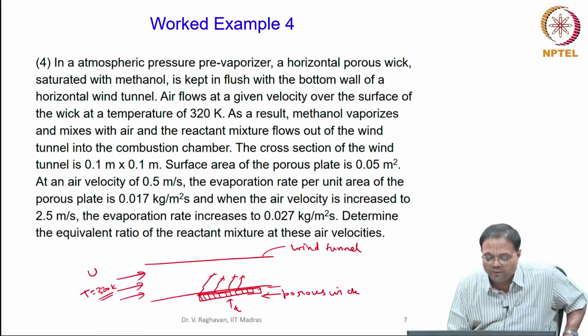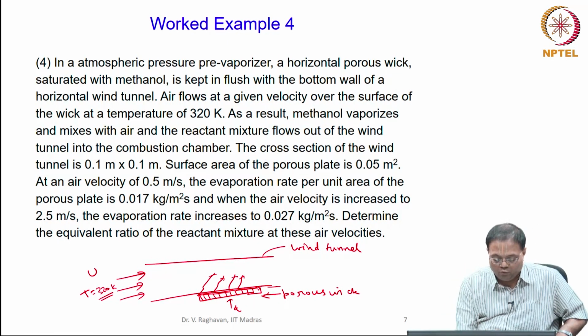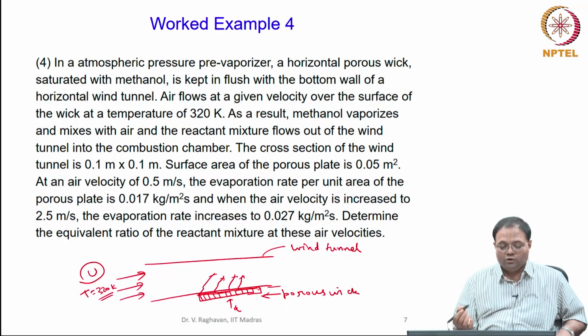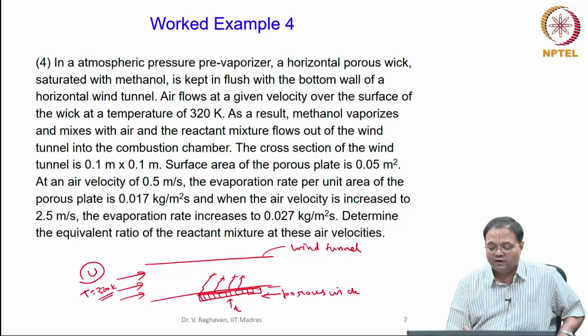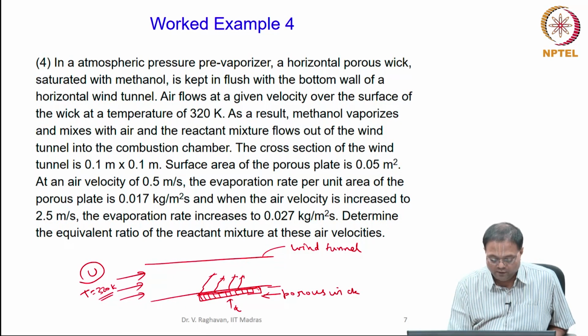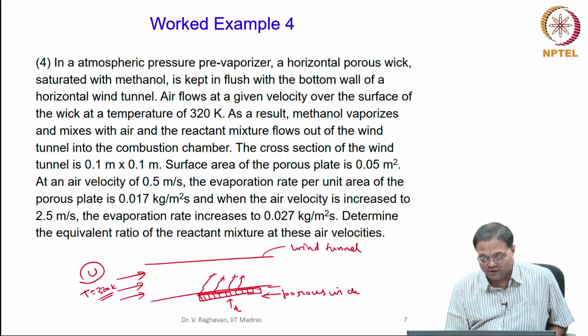So it is a steady evaporation problem, where when you vary the velocity U, you will get more evaporation. Air flows at a given velocity over the surface of the wick at a temperature of 320 Kelvin. As a result, methanol vaporizes and mixes with air.